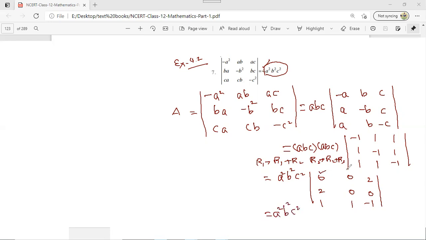This is plus minus plus. Only this 2 will be left outside, and this 2 into the 1 2 minus 1 into 0 0 2 to the 4. So we got 4 a square b square c square is equal to right.